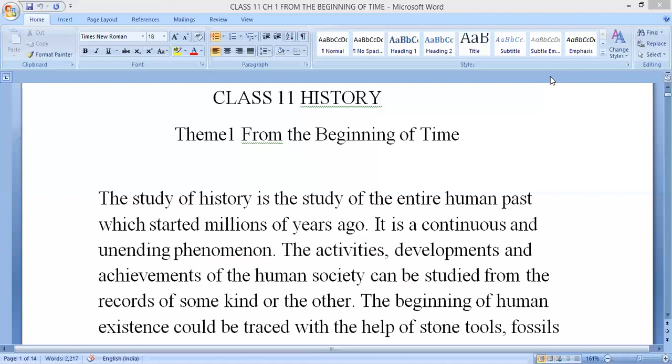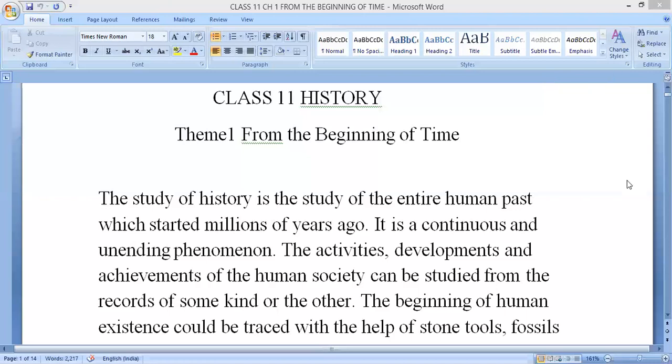So, children, here I am. The study of history is the study of the entire human past, which started millions of years ago. It's a continuous and unending phenomenon. The activities, developments, and achievements of human society can be studied from records of some kind or the other.